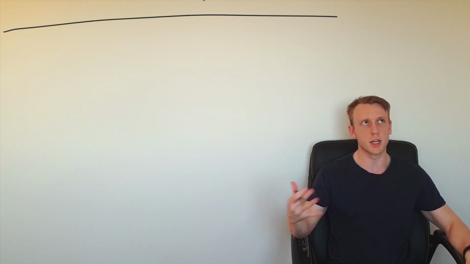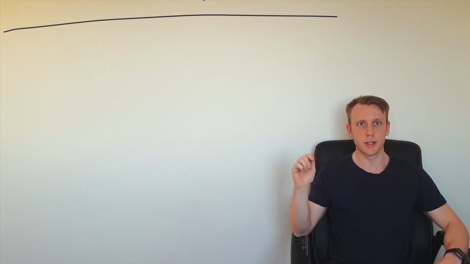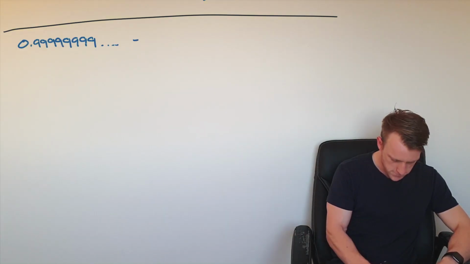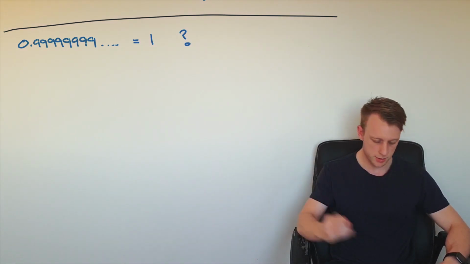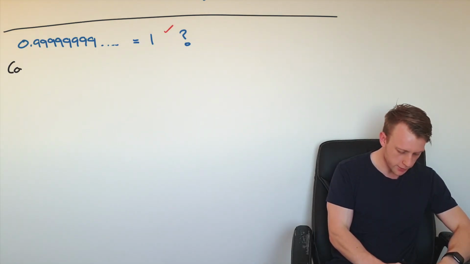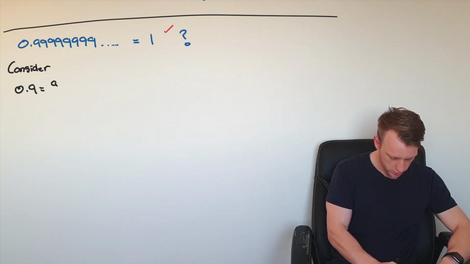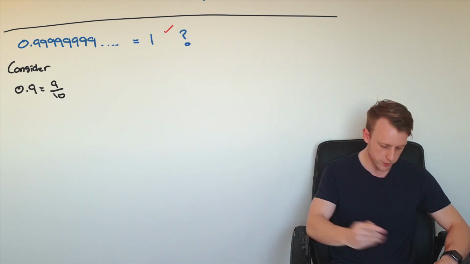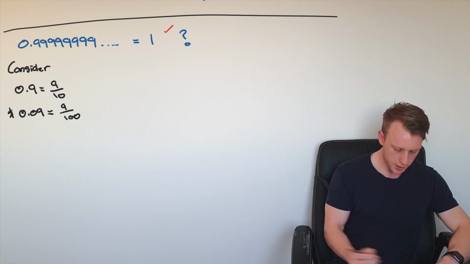Okay, so I'm gonna propose another question here, right? And that is, does 0.999999999 equal 1? Short answer, yes, okay. But how? Okay, and I just want you to consider this for a moment. Okay, 0.9 is equal to 9/10, and 0.09 is equal to 9/100.